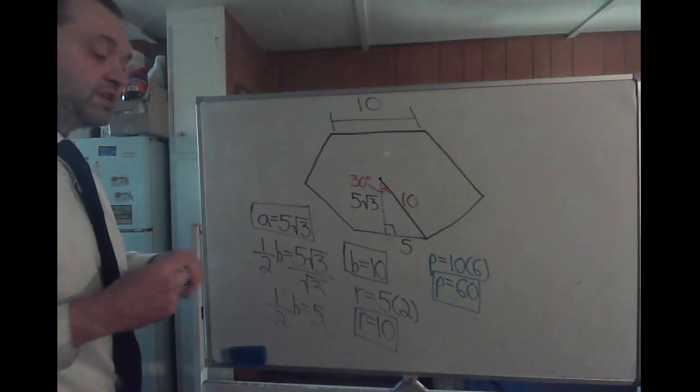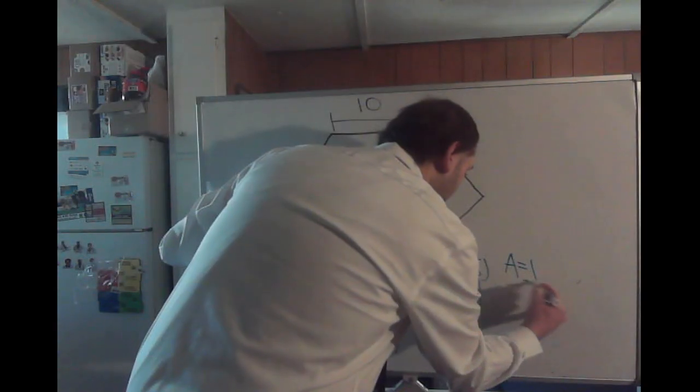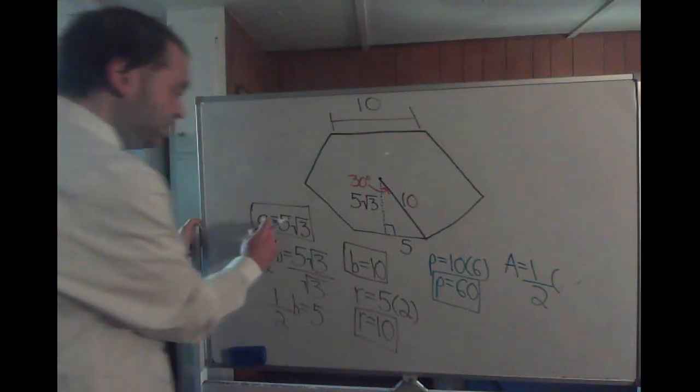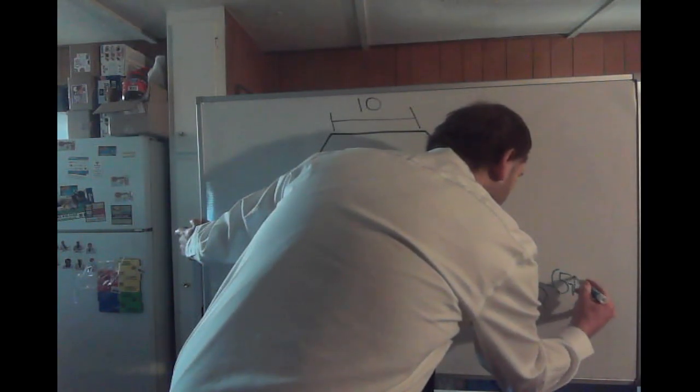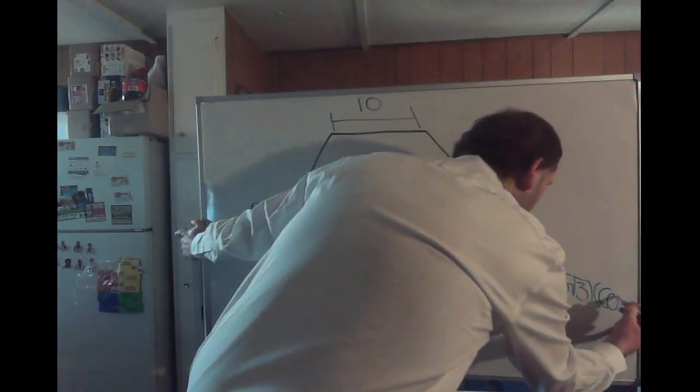Now we can just solve for the area. The area, of course, is equal to half of the length of the apothem, which would be 5 times the square root of 3, times the perimeter, which was 60.